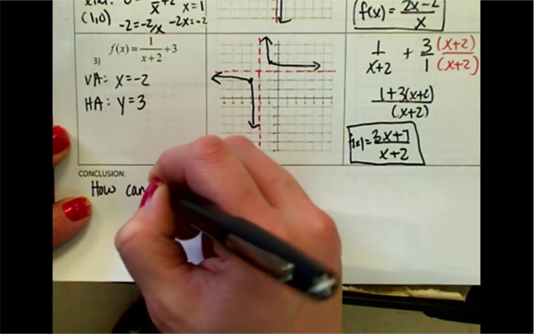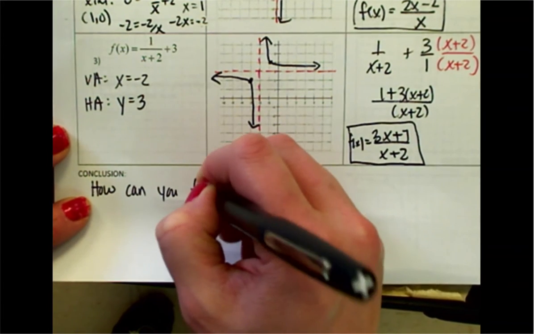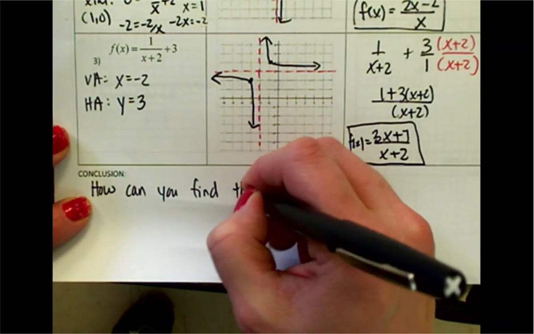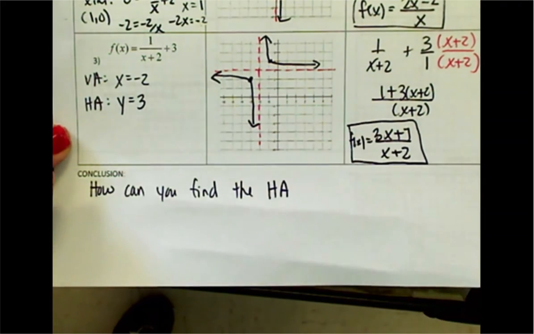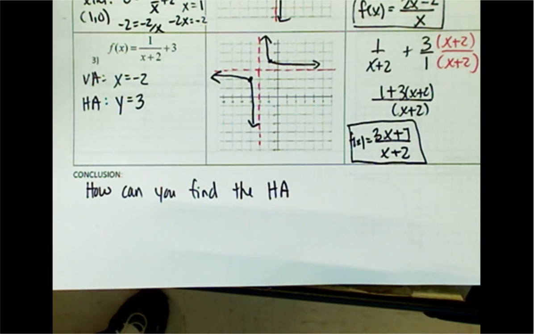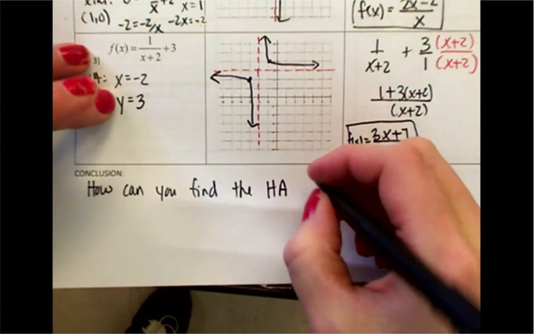How can you find the HA, that is the horizontal asymptote, by looking at standard form only? That would be the boxes we just put over here.